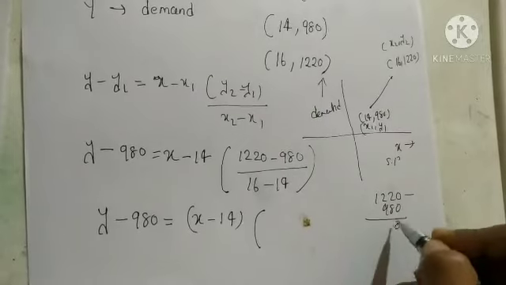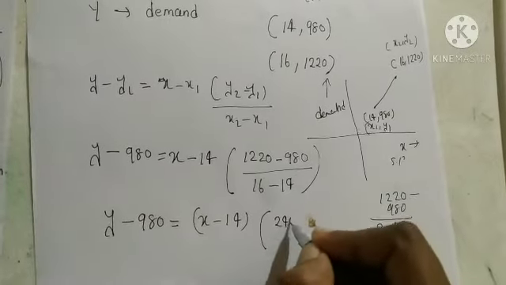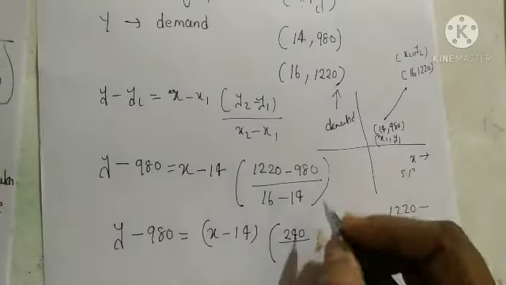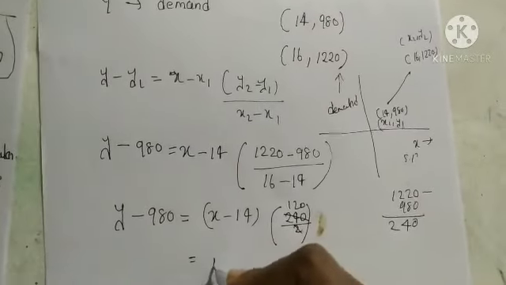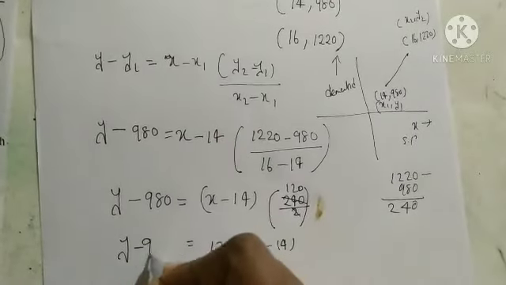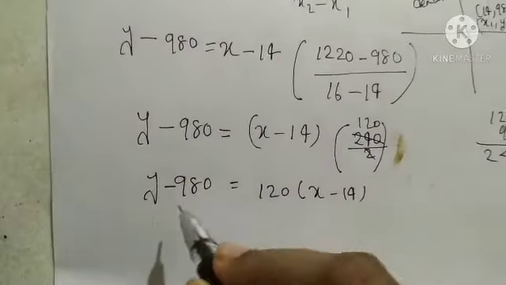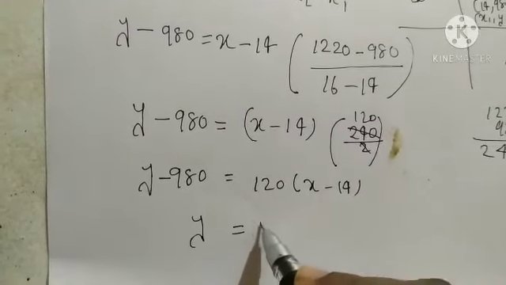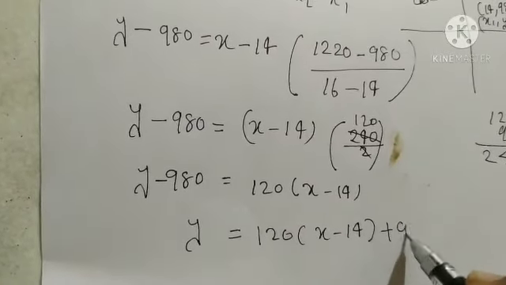Subtracting these two values, we get 240 by 2. So cancelling, we get 120 into x minus 14 equal to y minus 980. Next I am going to take this minus 980 to the RHS. We get y equal to 120 into x minus 14 plus 980.